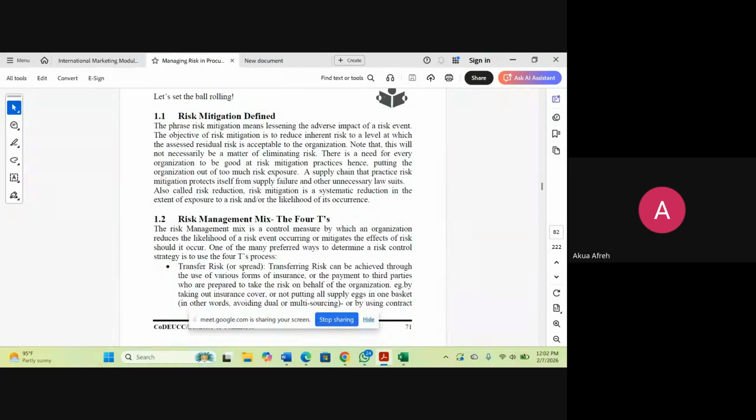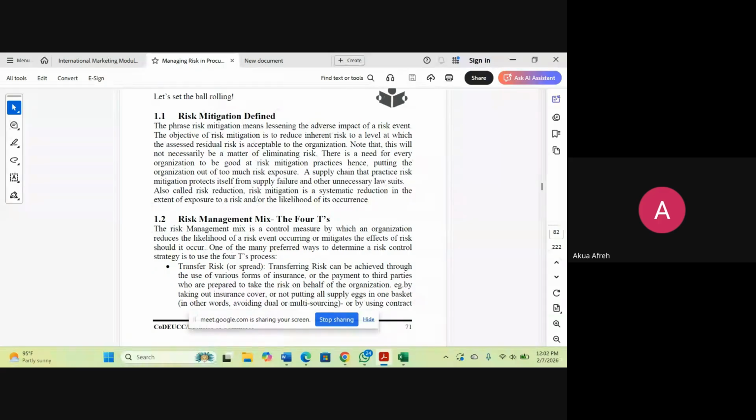We are able to treat the risk, actions are being taken. It gets to a point where you find out, do we still have any risk left that we need to deal with? So this is the risk mitigation.